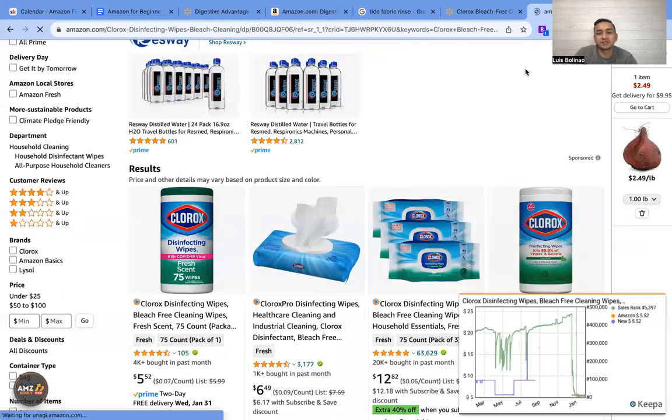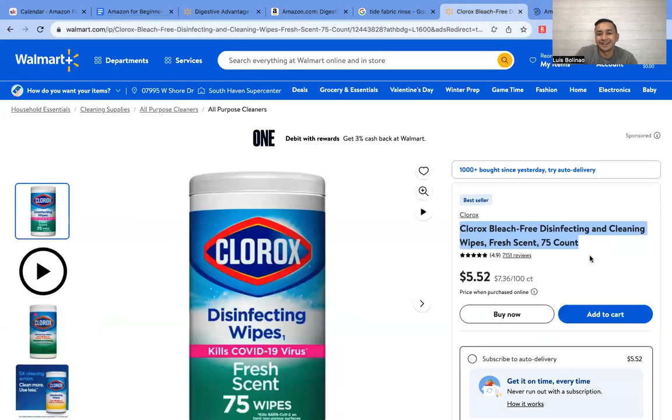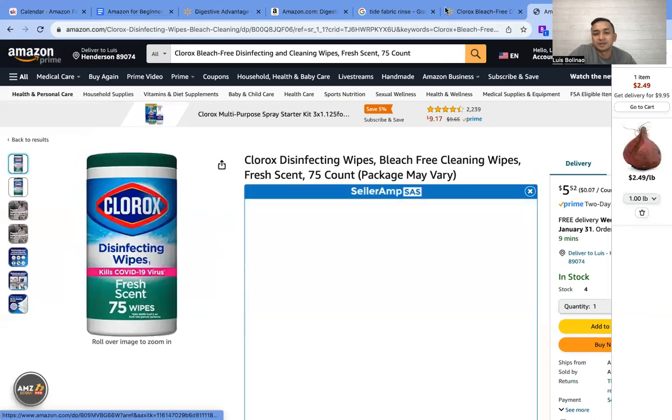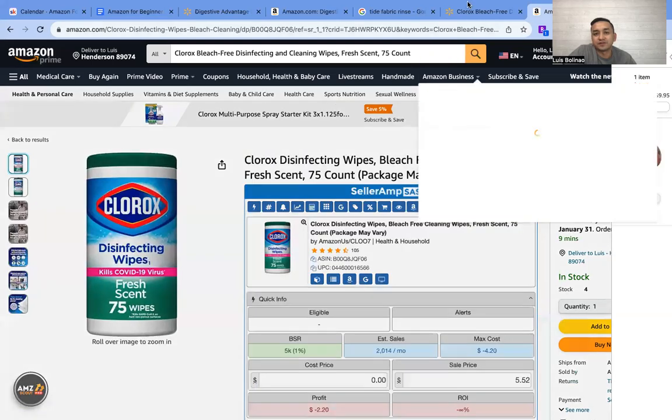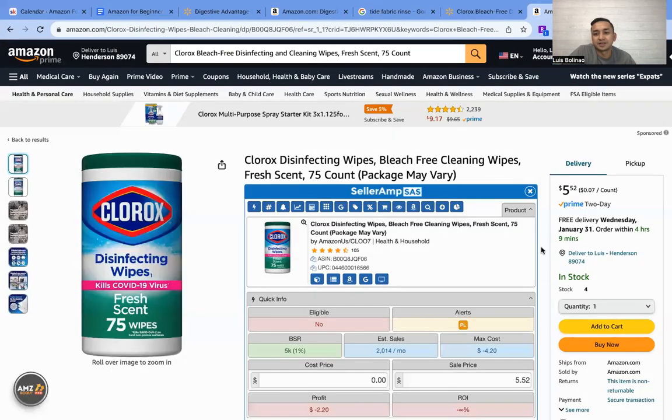I think this one is the same one, but the prices are the same. So it needs to be popular, a good brand, a good product, but there are also other factors, meaning it has to be more on Amazon. This one is $5 on Walmart, so on Amazon it has to be at least like $20.